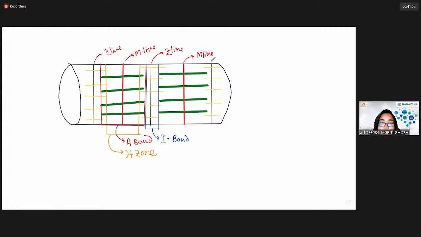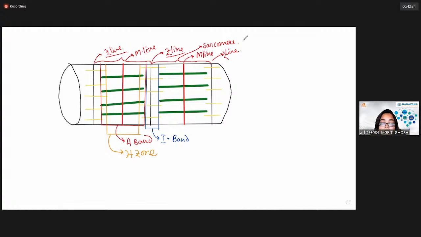So from one Z line to another Z line, the total area is called as sarcomere.